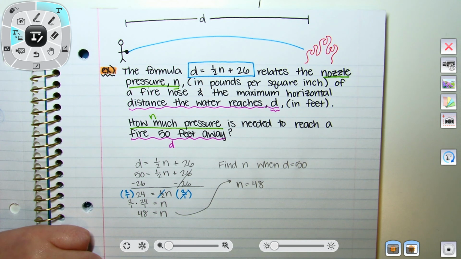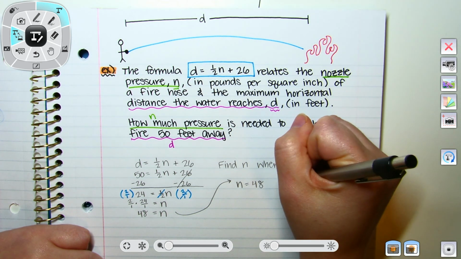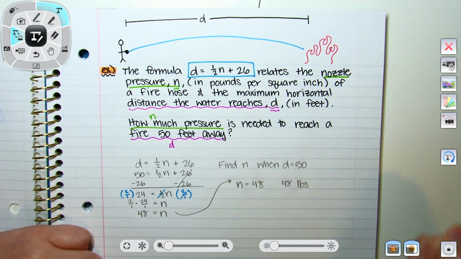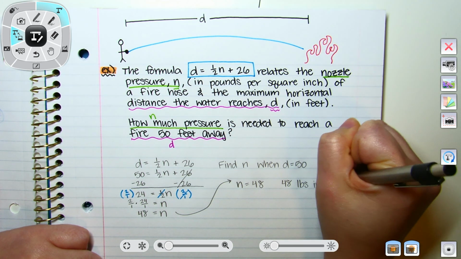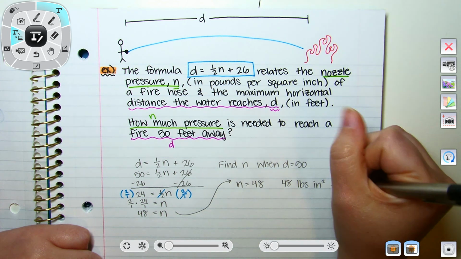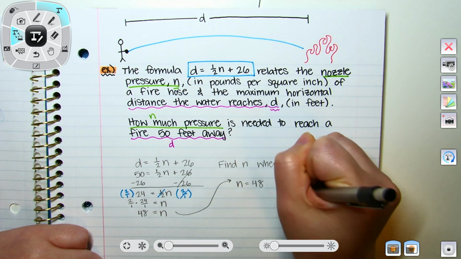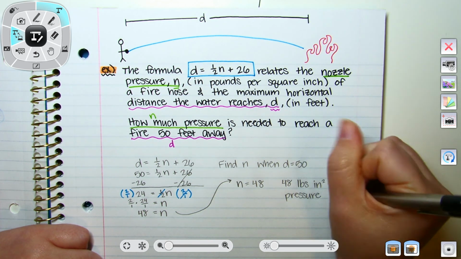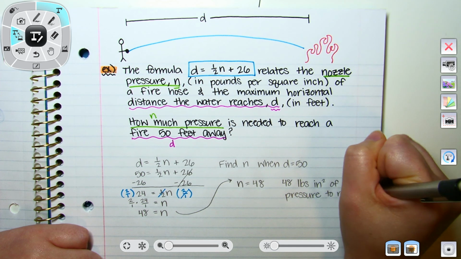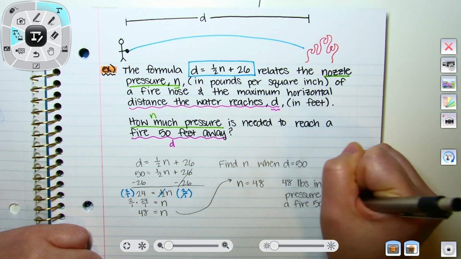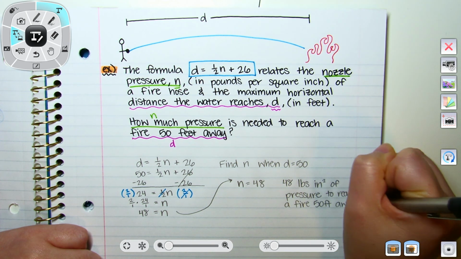So in the context of this problem, this means 48 pounds, I'm going to label that as LBS, 48 pounds per square inch, which is inches squared, 48 pounds per square inch of pressure to reach a fire 50 feet away.